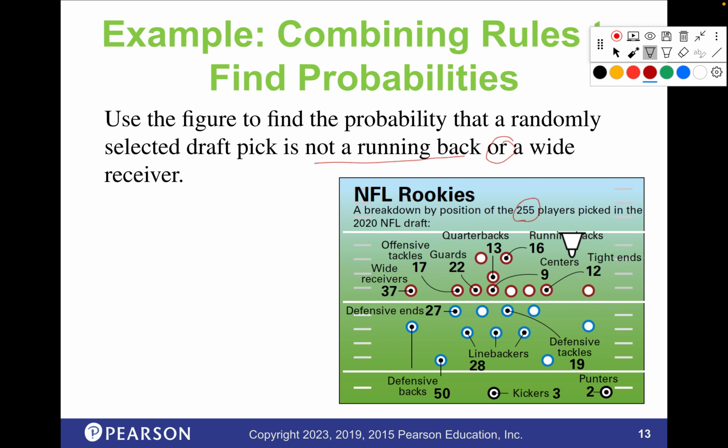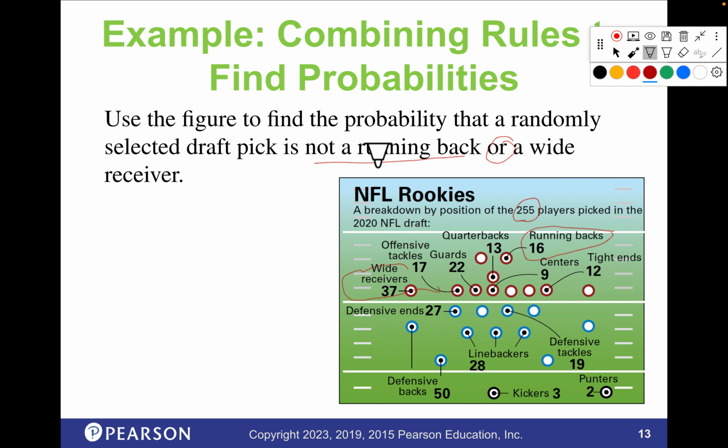We've got running backs here, there were 16, and then wide receivers. Where are they? Oh, they're over here. 37. I guess they go by primary position. There could be someone who played both positions, but they would have one that they were primarily linked up to. We don't have any listed here.